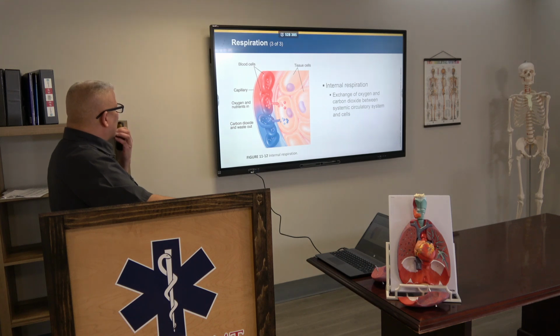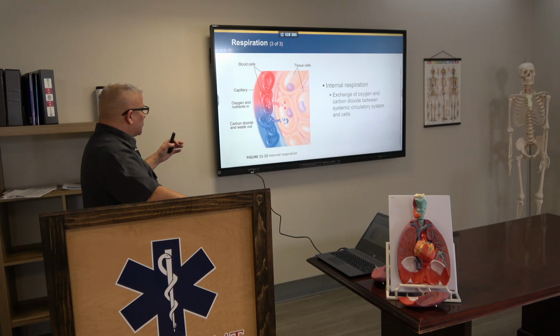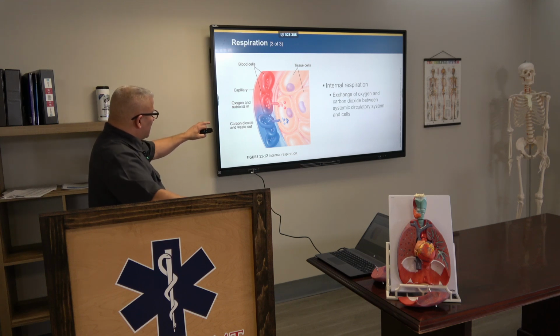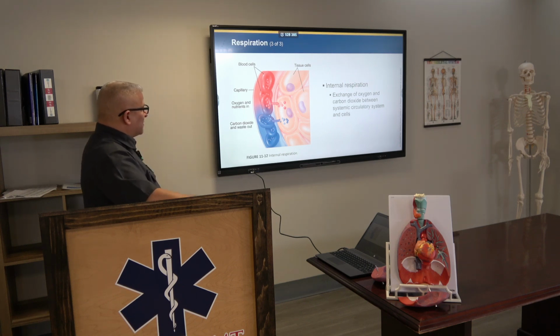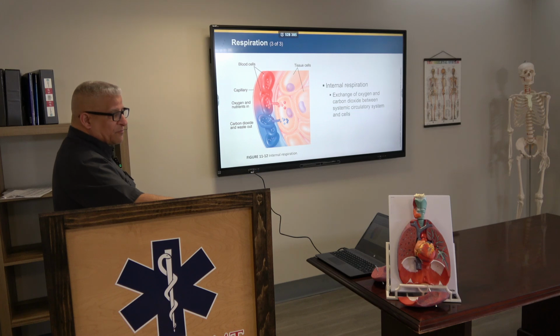Again, this is just another example of respirations, where you can see the red blood cells carrying oxygen. Oxygen is given off into the cell, and then the waste product is given off into the bloodstream, and carbon dioxide is carried out through the respiratory system.